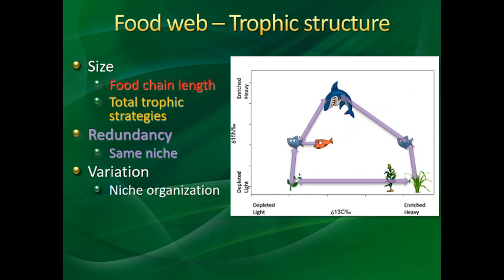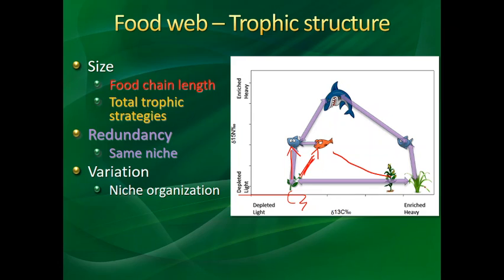Now we can also look at the redundancy. So let's say we have this orange species, right? What is it going to be eating, essentially? This blue species is going to be eating just this. And this orange species is going to be eating mostly these C3 plants, but then a little bit of C4.